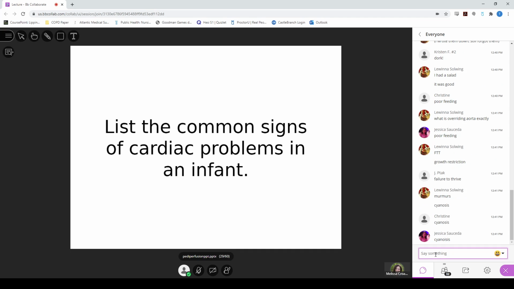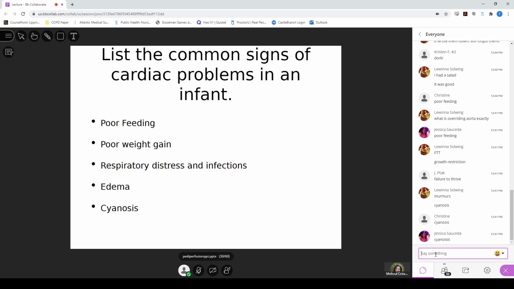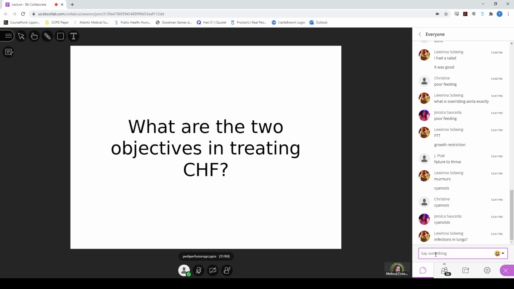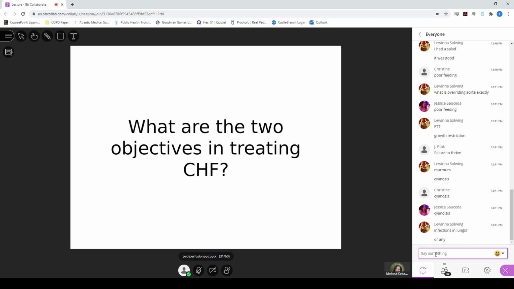Cyanosis. And edema. Okay. So we have poor feeding, poor weight gain, respiratory distress and infections, edema, and cyanosis. Infection in the lungs, yes. Also any, but yeah, in the lungs.